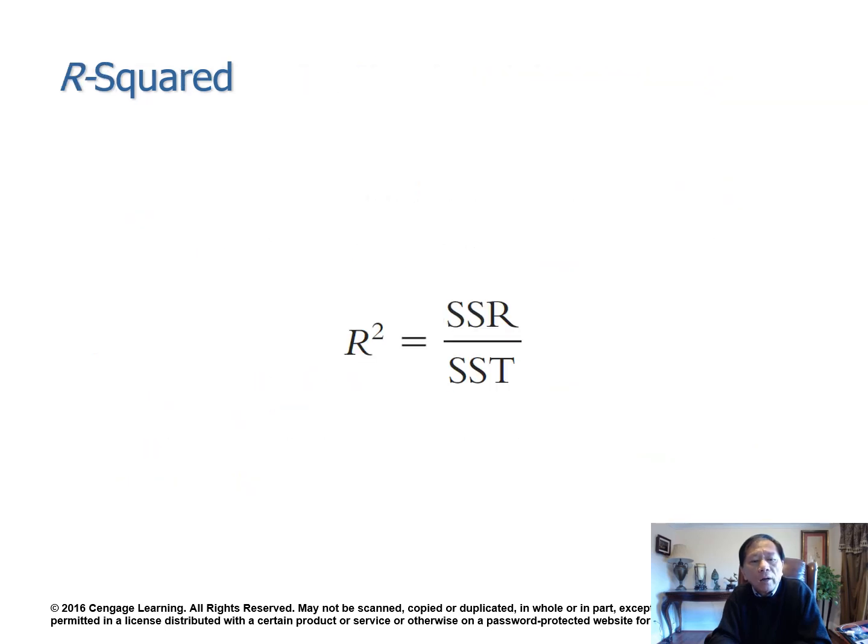And you calculate the R square, which is SSR over SST, sum of squares regression divided by sum of squares total. That's how we calculate that. Remember also what R square represents. That's the coefficient of determination, which is how much of the variation is explained by your model.